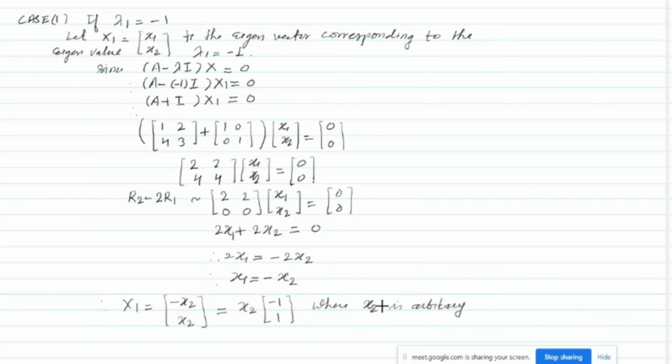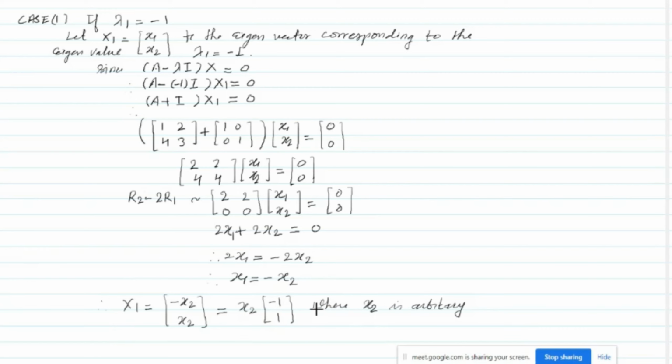Arbitrary means if you take x2 equal to 1, you get minus 1 and 1. If you take x2 equal to 2, you get minus 2 and 2. If you take x2 as 100, you get minus 100 and 100. So if you change the value of x2, you get a different vector x1.